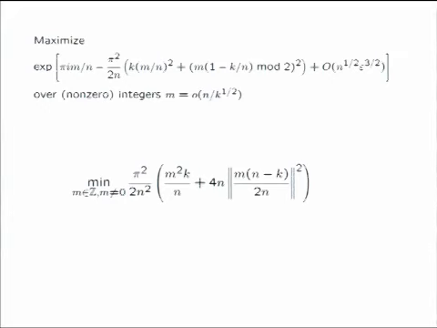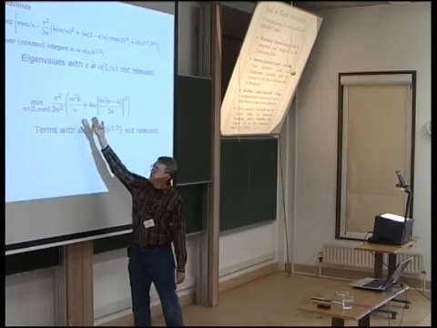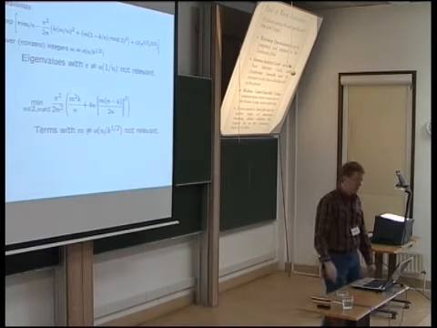First of all, there are other eigenvalues which aren't of this form, but those don't matter because for those eigenvalues, the modulus is sufficiently small that they aren't going to be the ones that give the spectral gap. And in this expression, there are terms for which m isn't little o of n over k to the 1/2, but those don't matter because when m is that large, this term makes the expression sufficiently large so that you can show that that's not where the minimum is achieved.